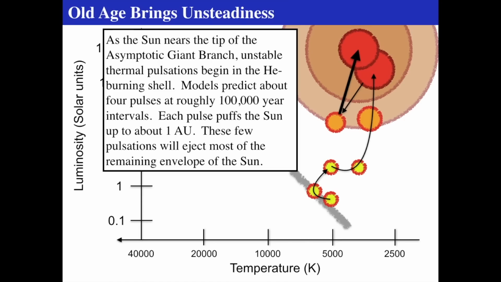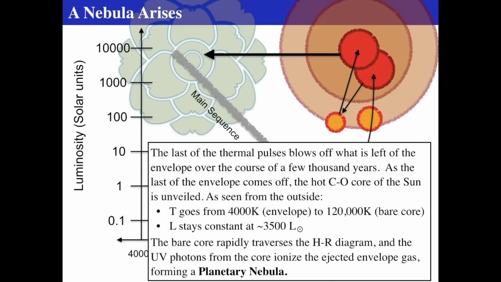And so they go out into space, and the remaining envelope expands away. The last of the thermal pulses pushes what's left of the outer envelope away over the course of a couple thousand years, and it's left with the bare carbon-oxygen core down there. So the surface of the star, the envelope, looks like about 4,000 Kelvin from the outside, shielding the inner core.